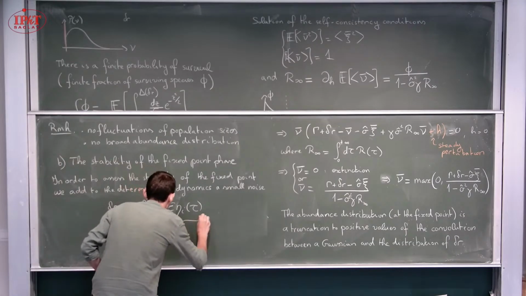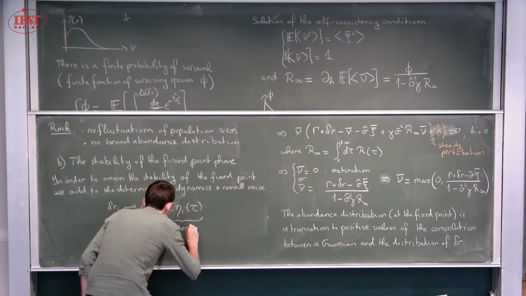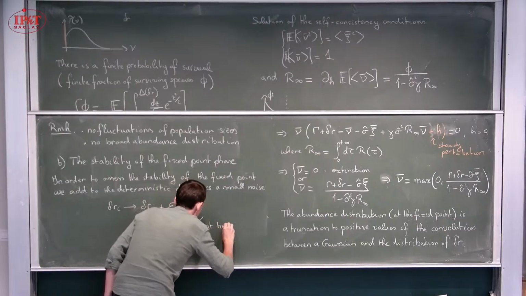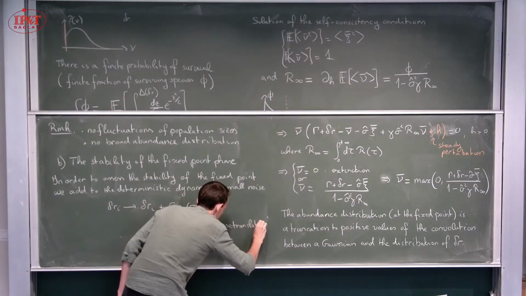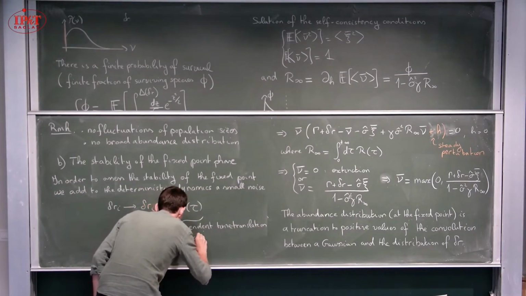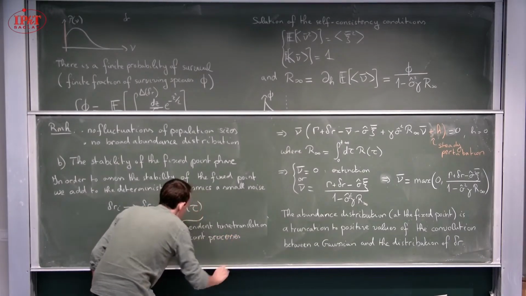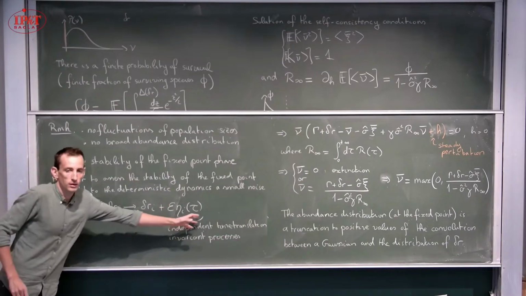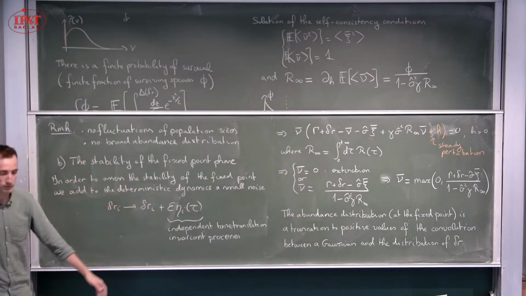These are independent for different i's, time translation invariant processes. And the idea is that when the fixed point becomes unstable, the response to these small fluctuations will blow up.